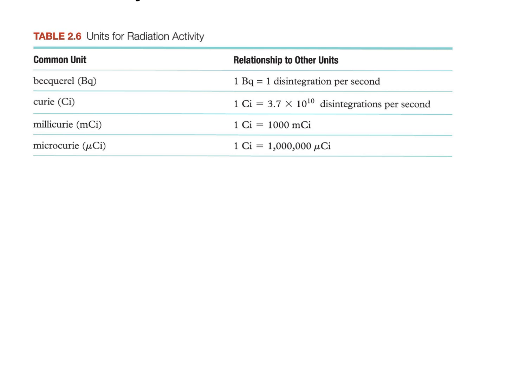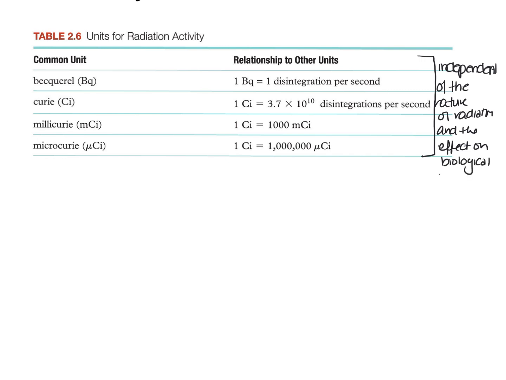The becquerel and the curie were named for Henri Becquerel, who discovered radiation, and Marie Curie, who also investigated radiation. These are independent of the nature of radiation and the effect on biological material.